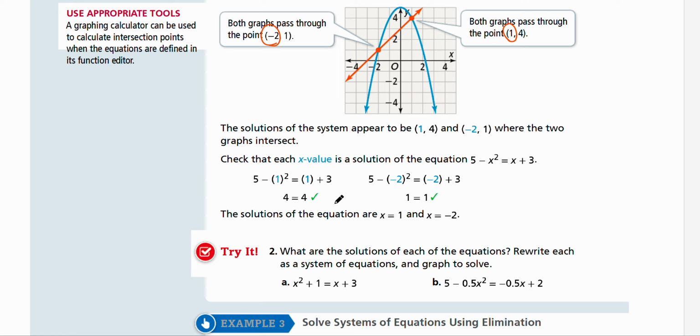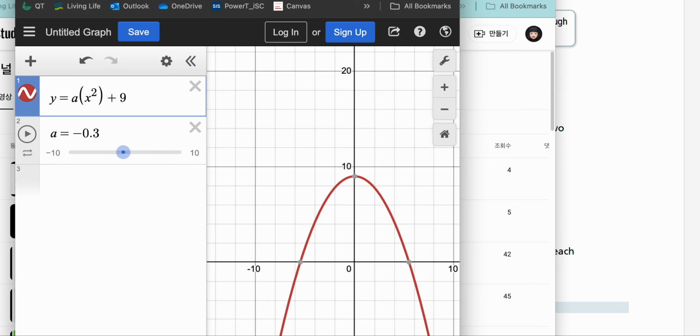Okay, are you ready? So rewrite as a system of equations. So we have y equals x squared plus 1, y equals x plus 3. And so you can graph that.